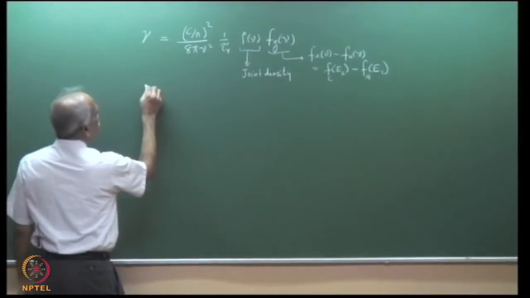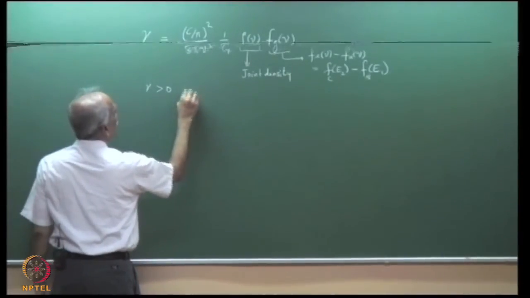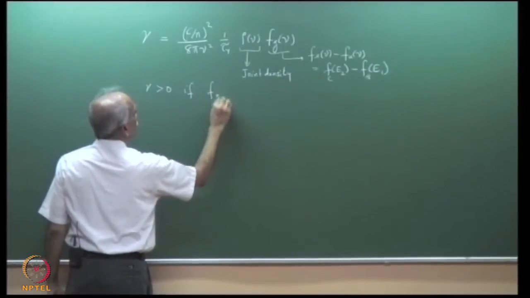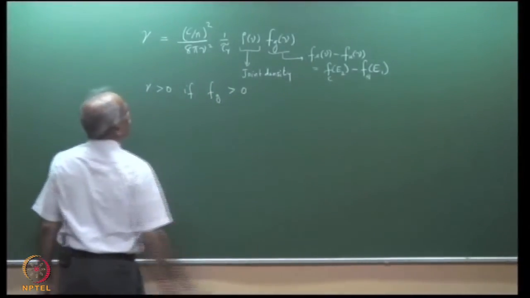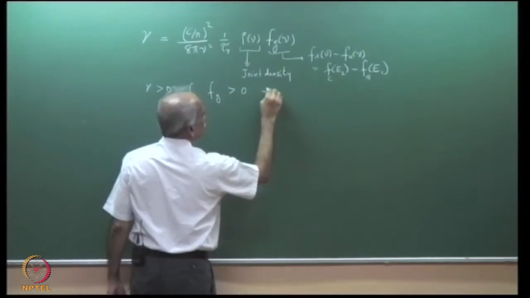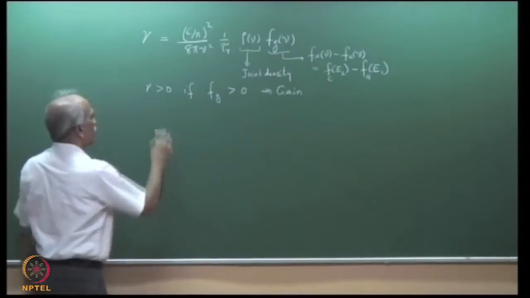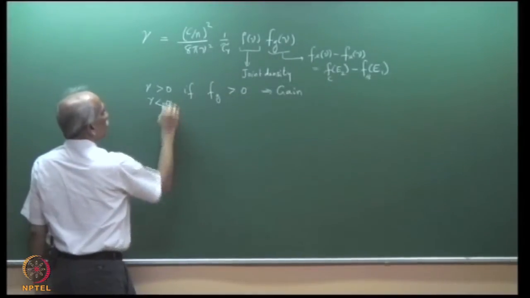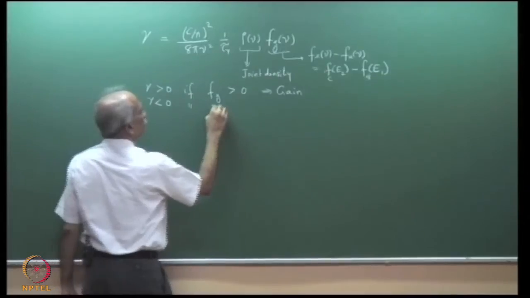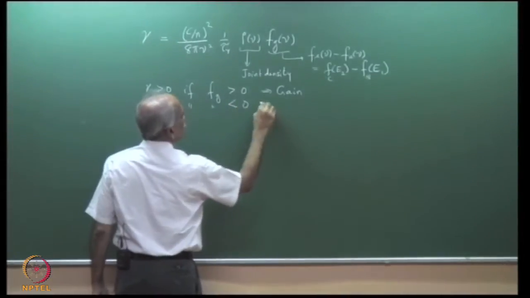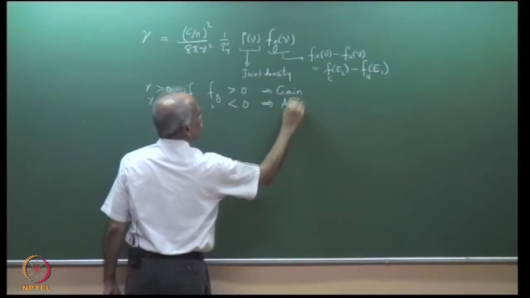Gamma is greater than 0 if f g of nu is greater than 0, and this implies gain, and gamma is less than 0 if f g of nu is less than 0, and we have attenuation or loss.